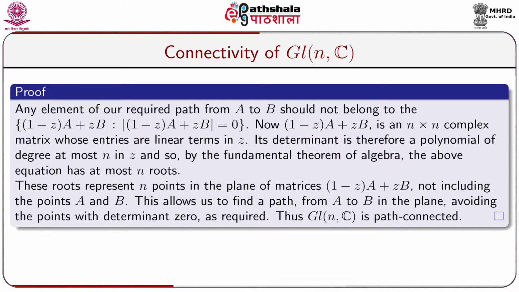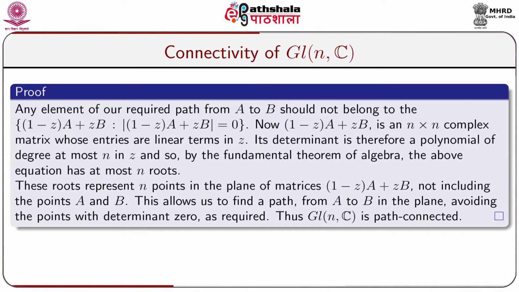Its determinant is therefore a polynomial of degree at most n in z, and therefore by the fundamental theorem of algebra, its determinant may have at most n roots, and at these points it is possible that (1 minus z)A plus zB will have zero determinant.